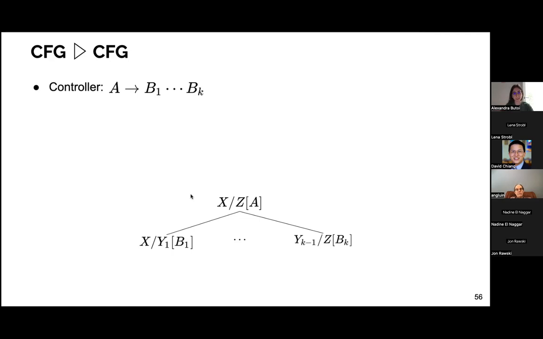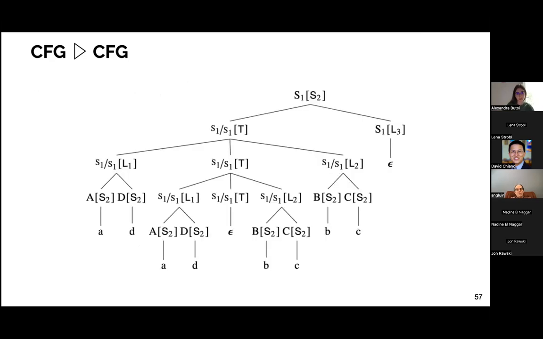But if you want to have a look, we explain this more in the paper, why we have these symbol annotations. And this would be a full derivation tree in a CFG controlling a CFG. And if you remember the derivation tree for TAG that I showed before, they're actually the same.